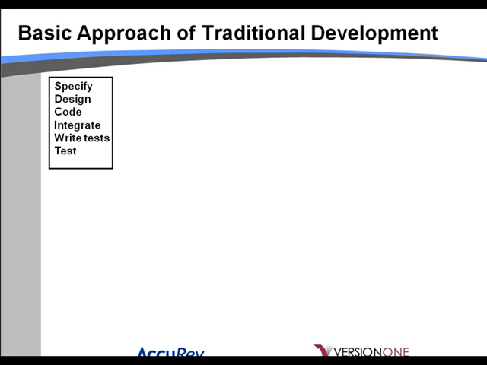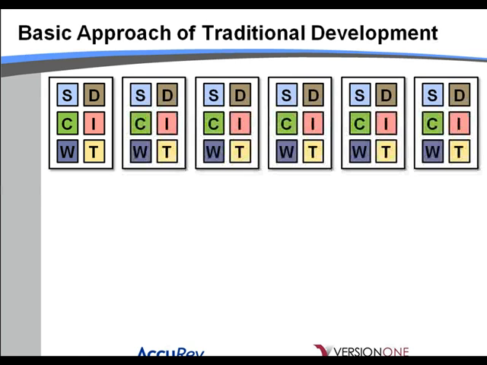However, let's simplify this a little bit. Letters for the various processes. Now, I've got a lot of work that I need to do. Let's say I have 6 specific features, defects, or whatever that I need to put into the new version of the product, or the initial version of the product.